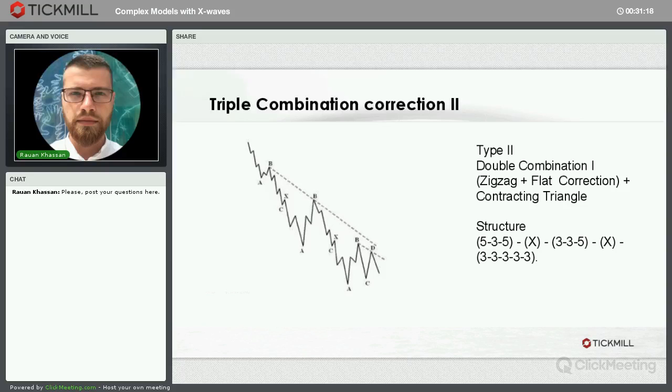So to wrap up, there are several kinds of double and triple models, which could be zigzags or combinations by themselves. Each part of this combination is a specific kind of correction model, and they are interconnected with each other by X waves, which are a correction model as well.